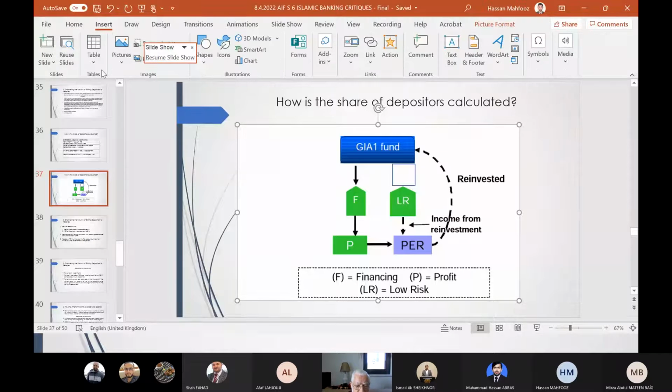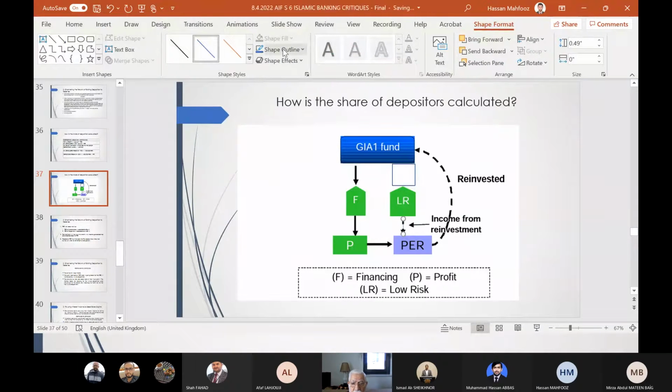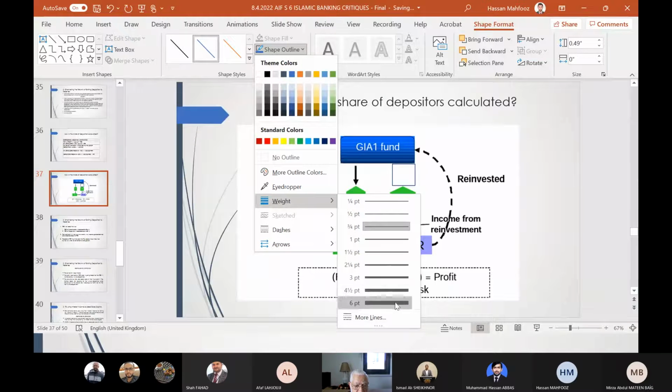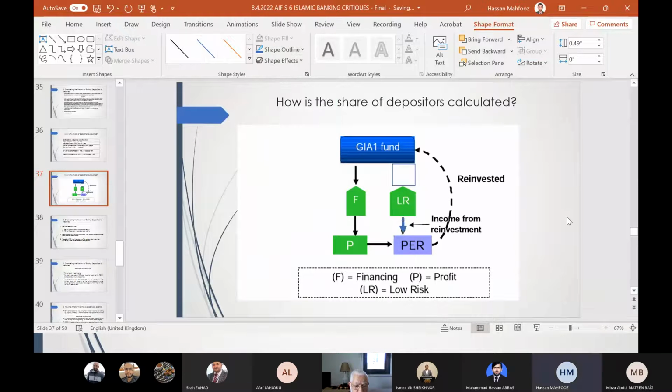You can always assume there is always profit when you invest in low risk, especially the way it is done in Pakistan with the central bank, low risk Sharia compliant, and they usually give a prefixed return like ijara or something like that. So that better be a solid line.